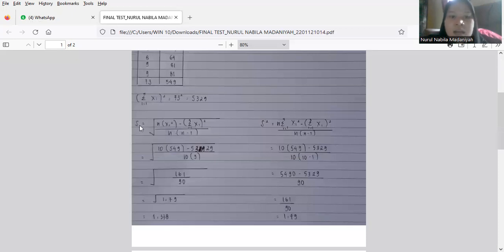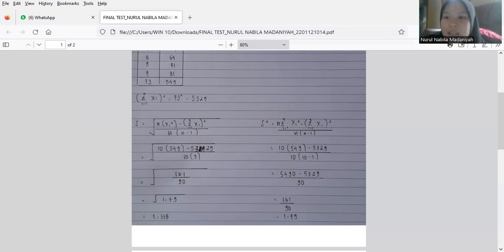It is S equal square root of n sigma xi quadrat minus sigma xi quadrat, over n times n minus 1. And then 10 in parentheses, 549 minus 5,329, over 10 in parentheses 9.